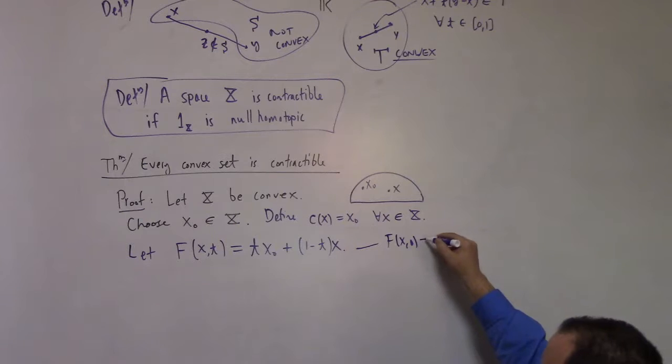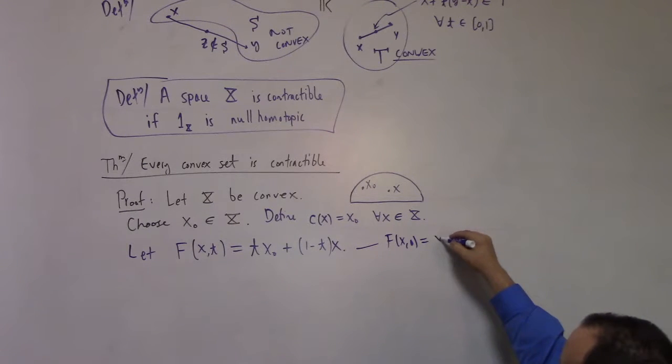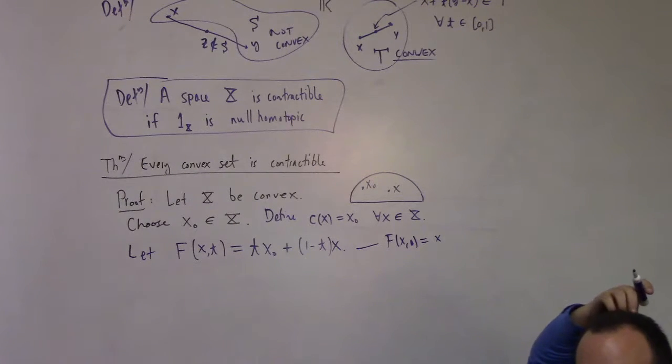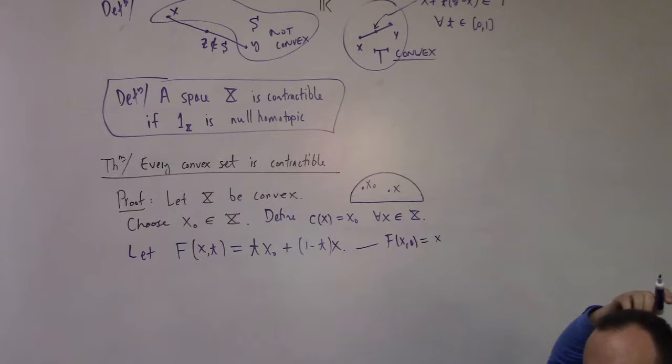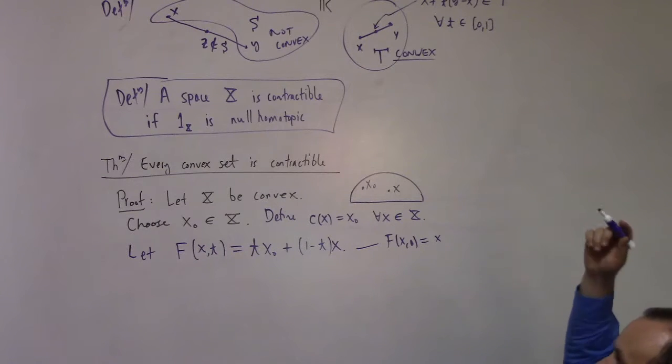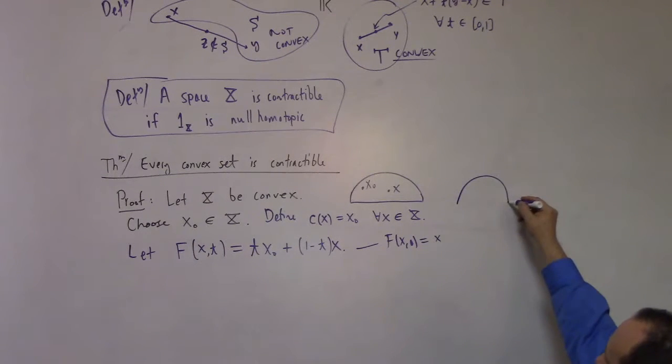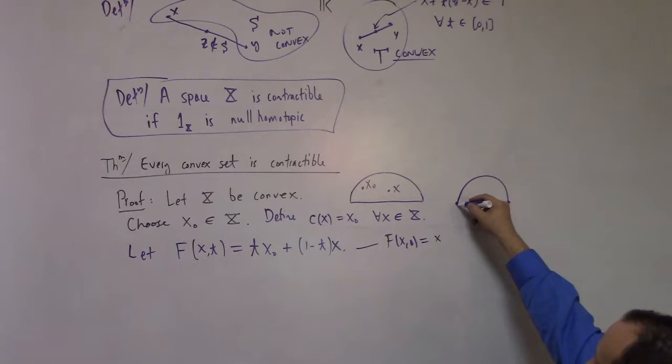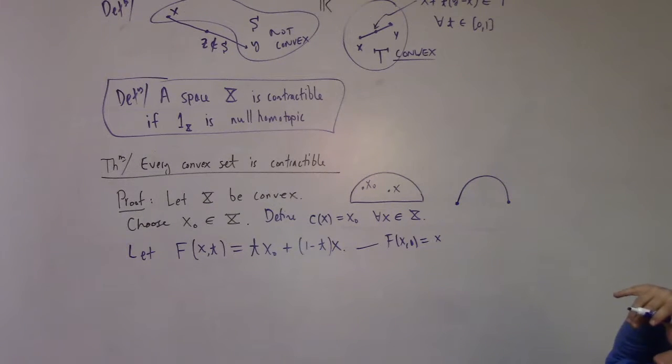Oh, I just realized you said a hemisphere, not a hemidisc. A hemisphere would be like a half circle, and that's not convex. Oh yeah, so it's like a half circle. That makes so much more sense.